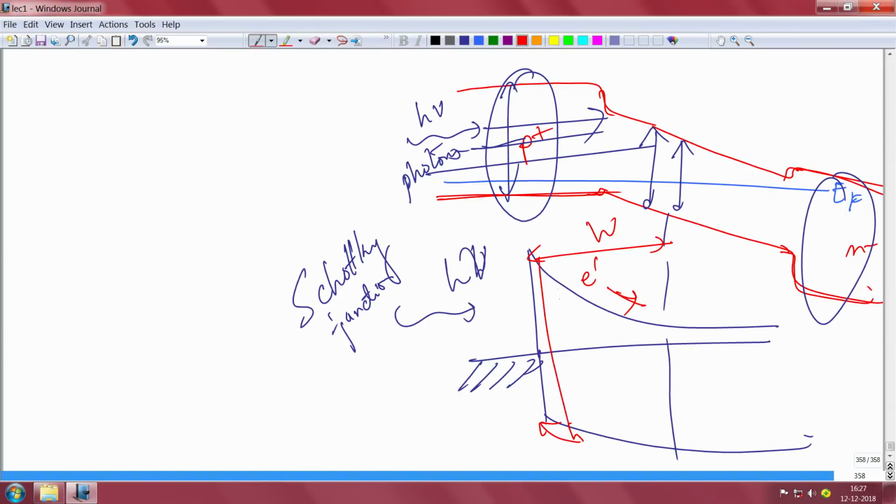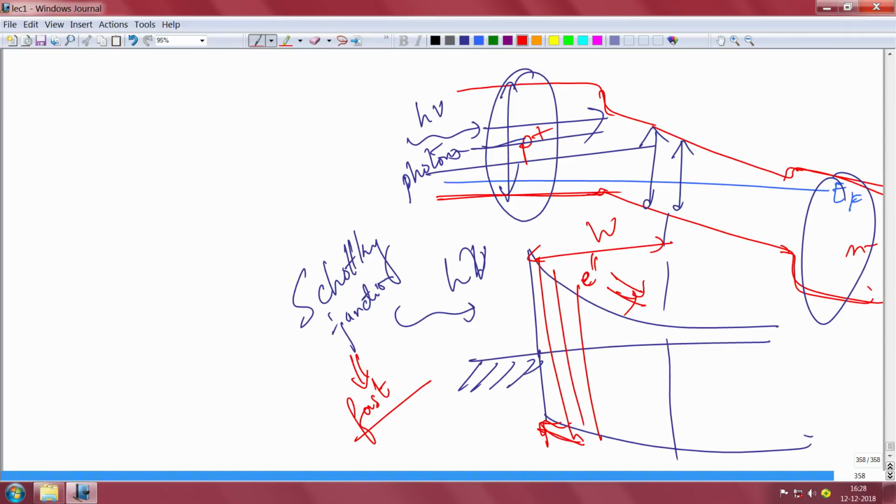Of course, most of this will get absorbed near the surface. We don't talk about holes so much, we talk only about electrons, because only electrons go on transit here. So these Schottky detectors can be quite fast, because anywhere that you have only electron transport and not hole transport, the device tends to become faster. So Schottky device also is very similar to PN junction device in terms of operation, speed and all these things.